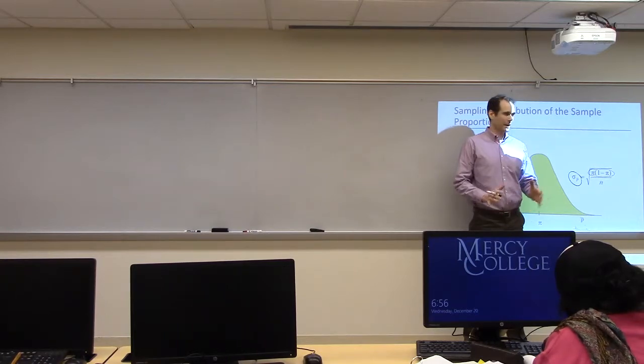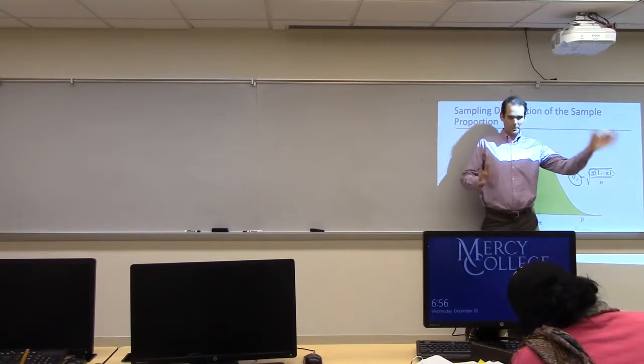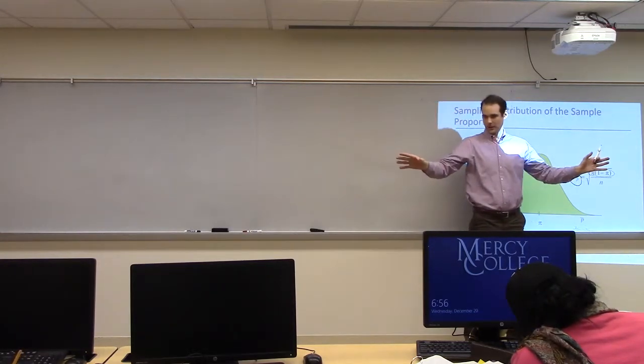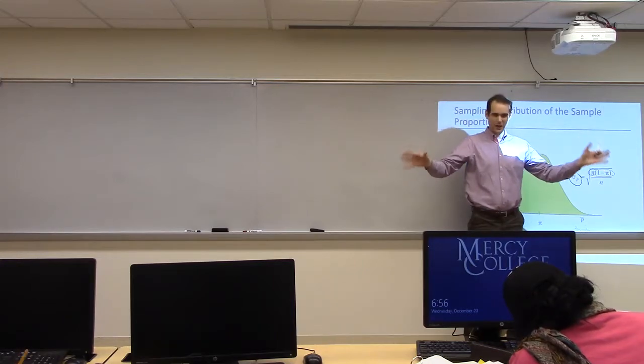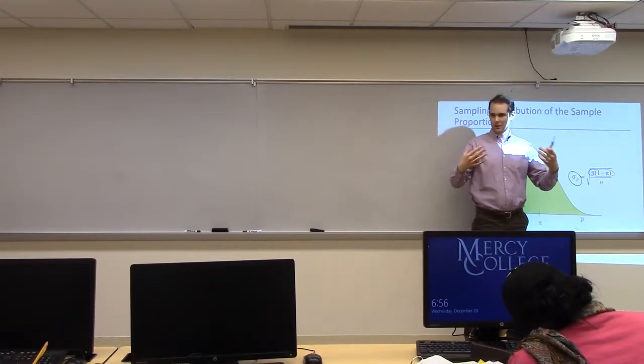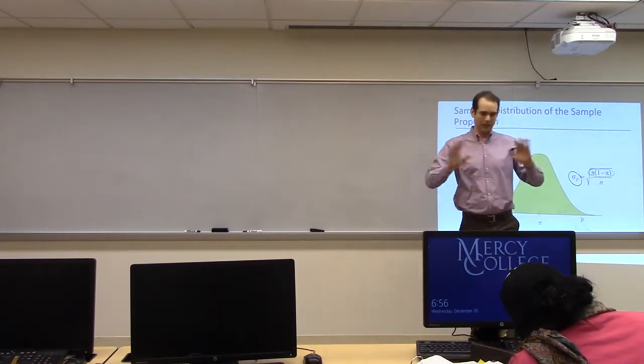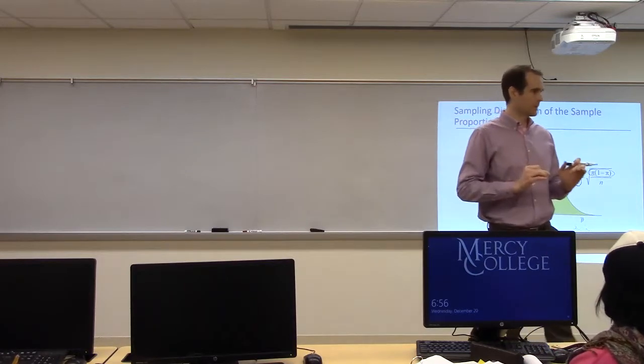The reason for that is if the proportion is 50%, you have more diversity in the opinions. So you have half the people over here, half the people over here. So when you sample, you're going to have more dispersion in your sample proportions because you're going to be more likely to get more different opinions.